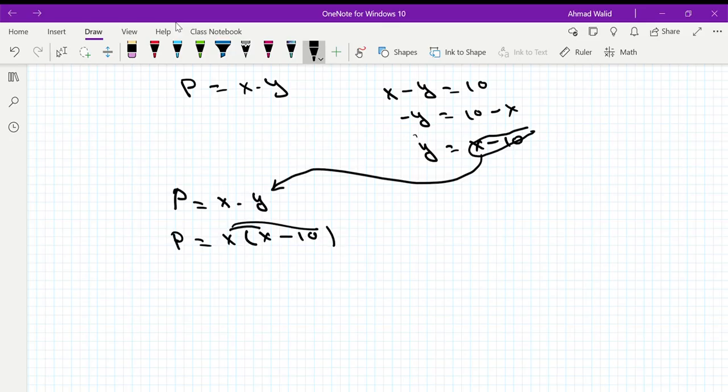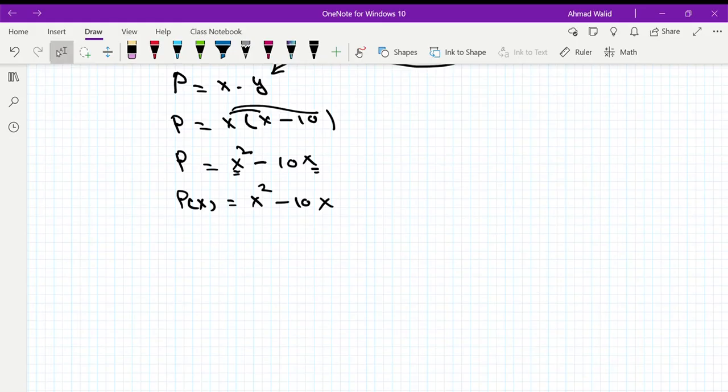If you distribute, you will end up with p equals x squared minus 10x. Because on this side you have x, you can even name this equation p of x equals x squared minus 10x.